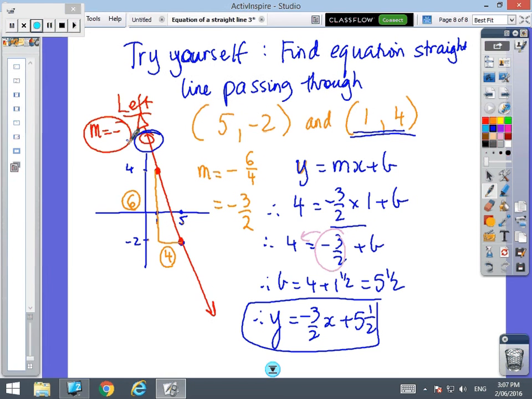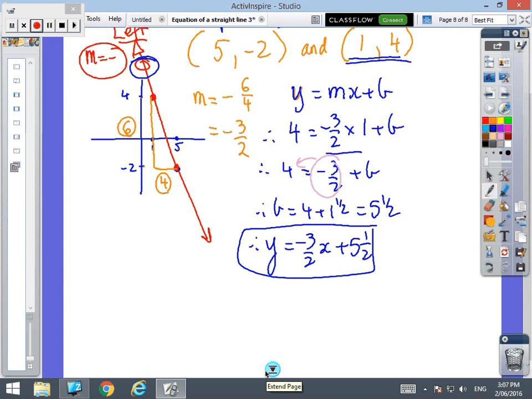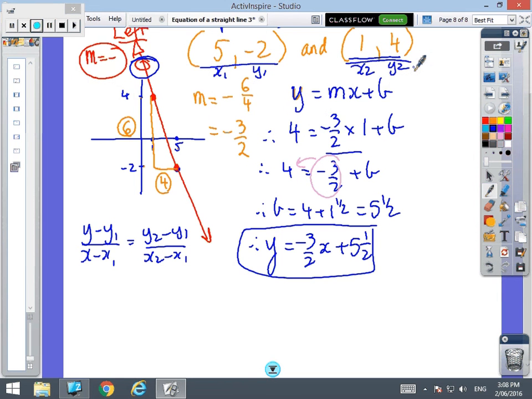Okay, so let's just do method 2. y minus y1 over x minus x1 equals y2 minus y1 over x2 minus x1. I'll make this one the first one, and make this one the second one.